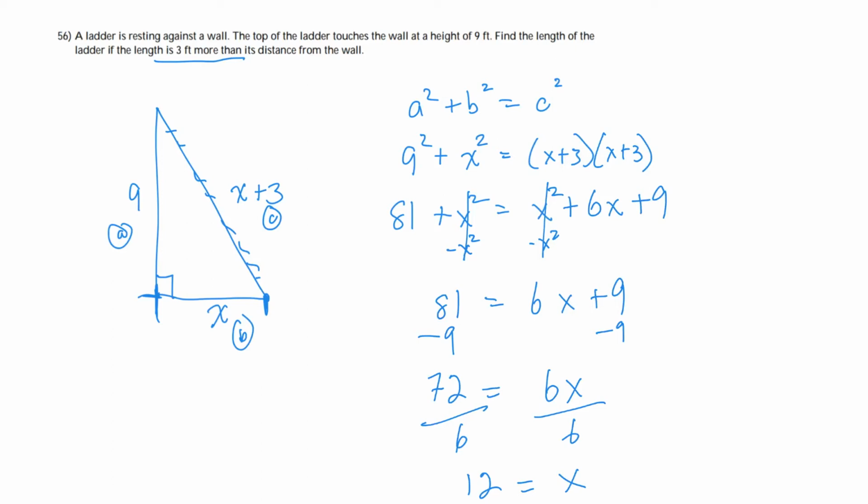So, boy, that's a long distance. X being 12. Let me think about that. Let me look back and see if I did anything wrong. 72 divided by 6, yeah, that's 12.